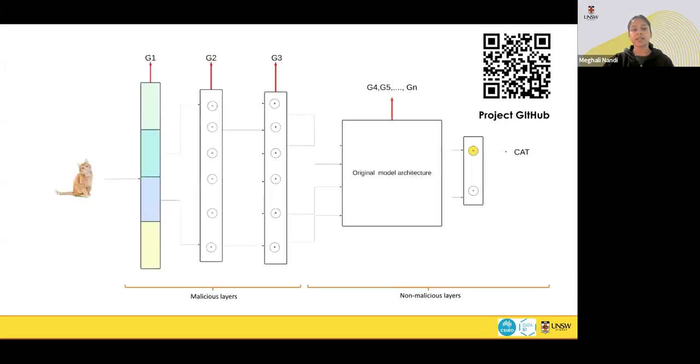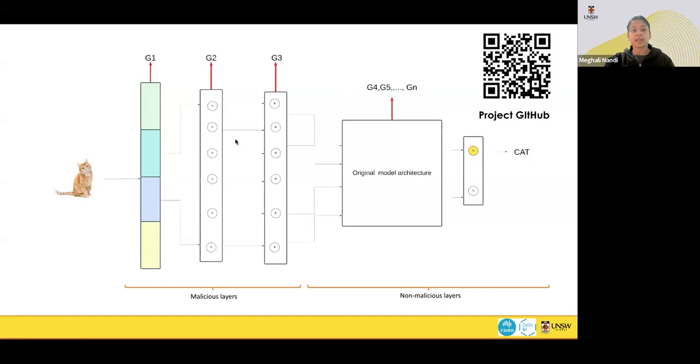So coming back to the LOKI attack, suppose this is the original model architecture, and the first three layers have been added according to the LOKI paper. These are acting as the malicious layers. And this is the original model architecture with the output layers, which will act as the non-malicious layers. Now, suppose this model takes this image as the input and outputs cat.